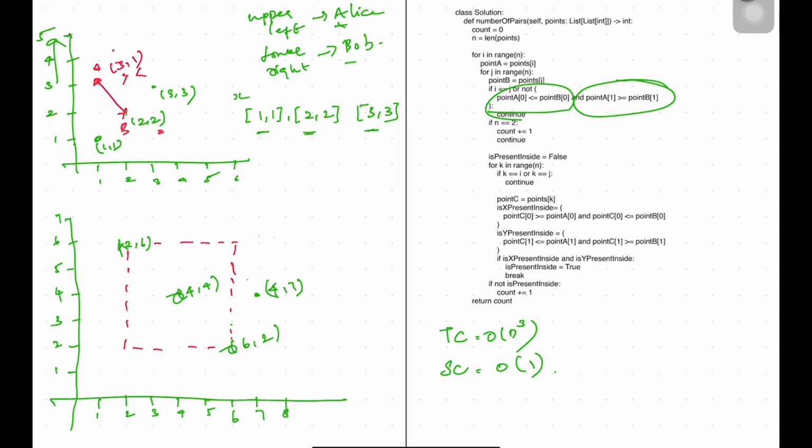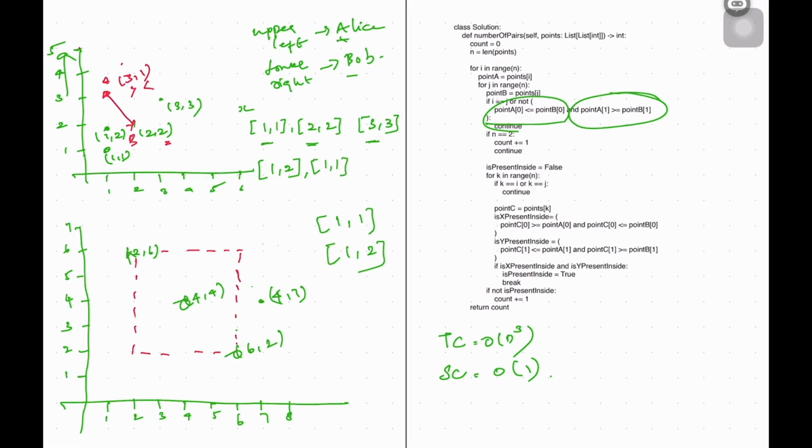In case 1 comma 1 or 1 comma 2 comes, let's assume 1 comma 1 and 1 comma 2, our array will be 1 comma 2 first, then 1 comma 1, because x is sorted and y is descending. Then 2 comma 2 and 3 comma 3.